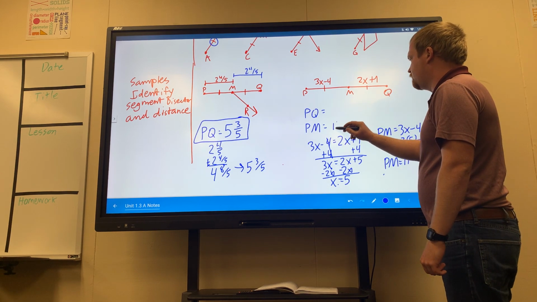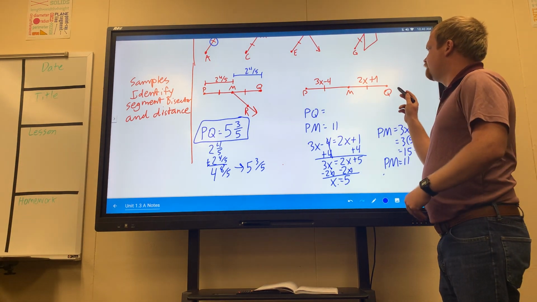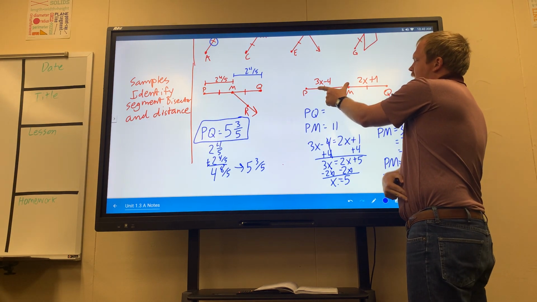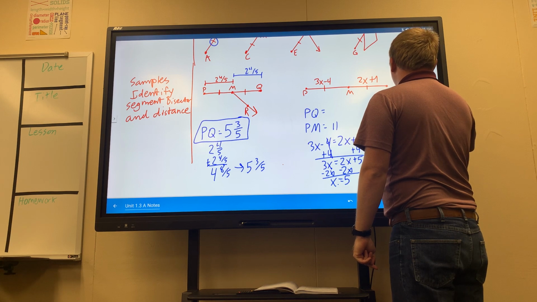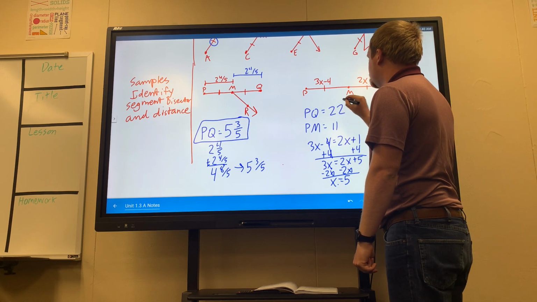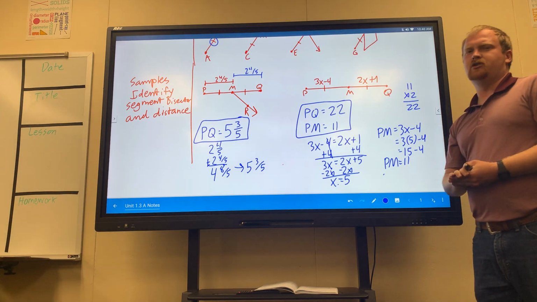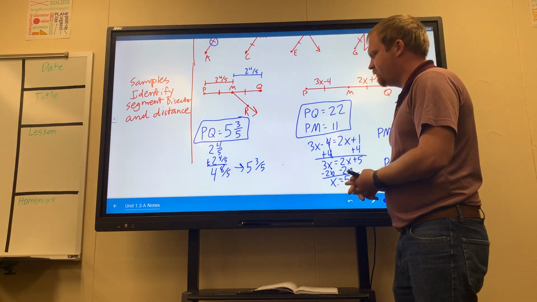So PM equals 11. Now remember, PQ is just cut in half. So if I know half is 11, I can double this to give me 22. So the distance of PQ is 22 units, and the distance of PM is 11.